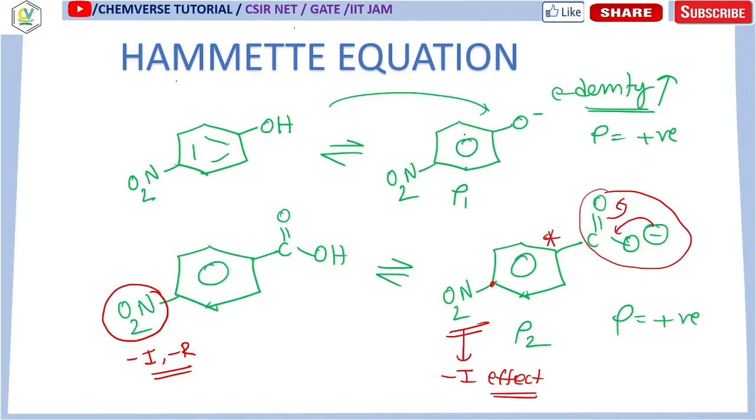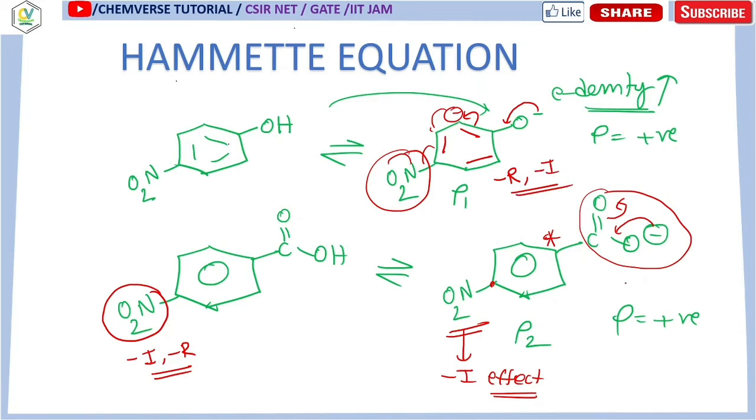But on the other hand, suppose this is the structure of the benzene ring. Over here this negative charge can enter into the benzene ring via resonance, and that is why this negative charge can easily be stabilized with the help of the NO2 group. So in this case the NO2 group is acting as a minus R group and minus I group both.